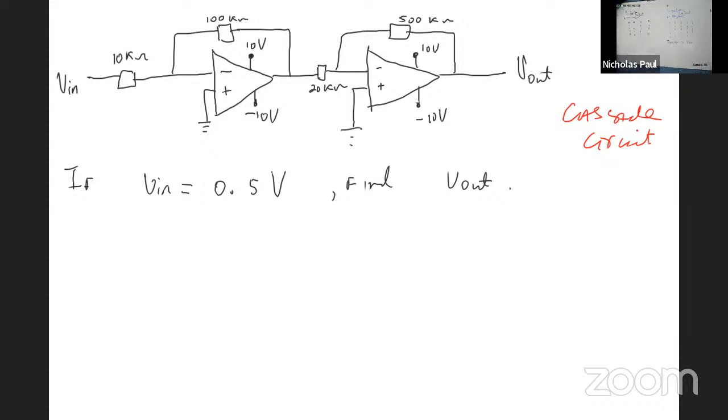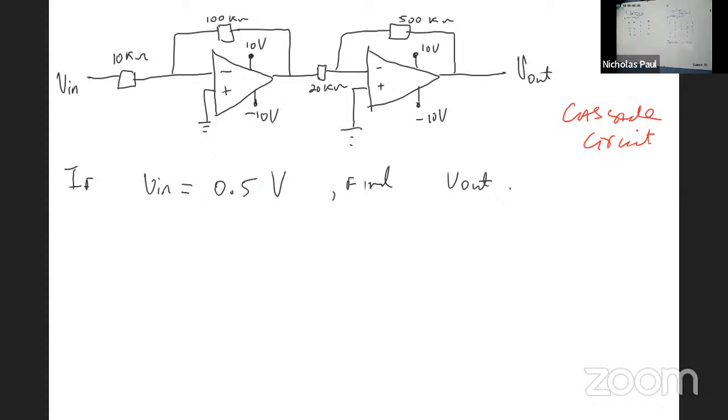Hold on, let me just make sure of this. I'm gonna go a little bit smaller just in case I cause saturation. All right, so 0.5 should be a good value.